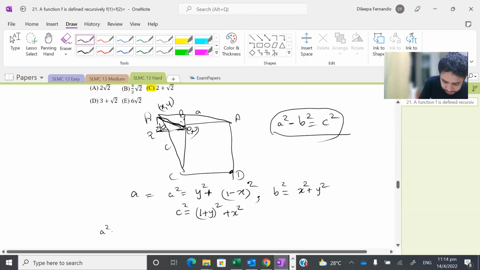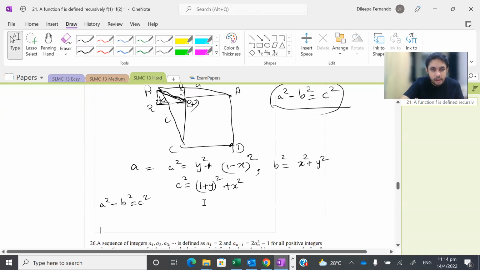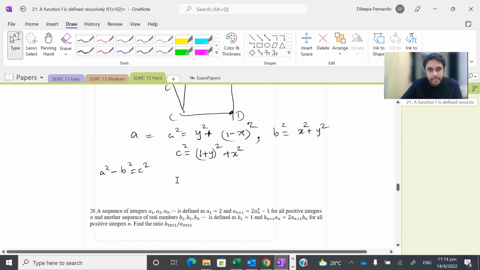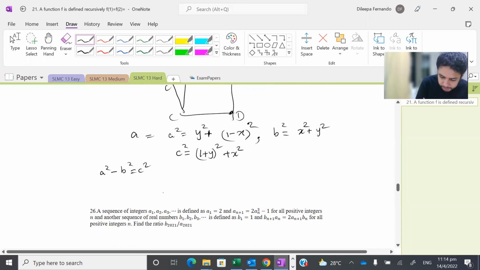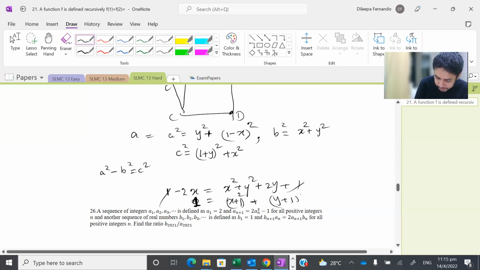So let's write A squared minus B squared equals C squared. y squared cancels out, x squared cancels out, 1 minus 2x equals x squared plus y squared plus 2y plus 1, and 1 is cancelled out, 0 equals x squared plus y squared plus 2x plus 2y, and let's add 1 again, (x plus 1) squared plus (y plus 1) squared, and another 1.